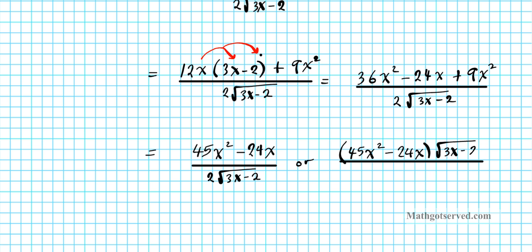And then in the denominator, if I multiply by root 3x minus 2, the square and square root cancel out. So I'll have 2 times 3x minus 2. And you can distribute the 2 further, it becomes 6x minus 4.